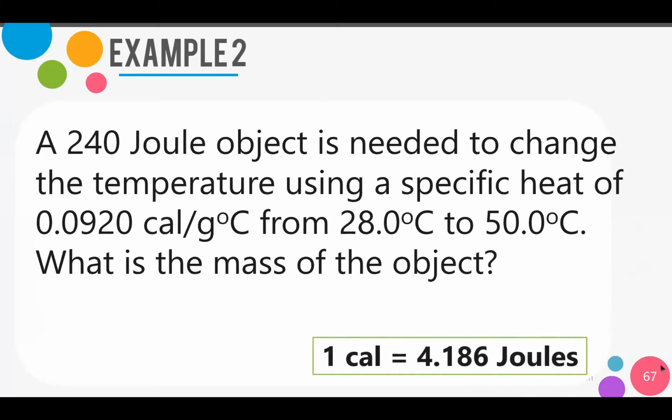So ngayon, ang hinahanap na naman natin ngayon is si mass ng object. So kanina, we are solving for the specific heat. So this time, the specific heat is given, which is 0.0920 calorie per gram degree Celsius. So ito yung ating specific heat. And we also have the heat transfer, which is 240 joules. So ito yung ating heat absorbed.